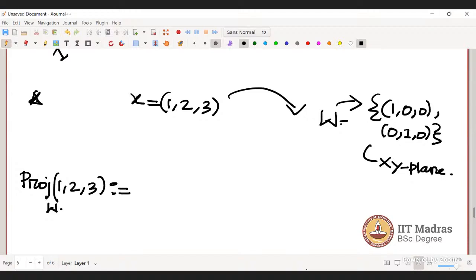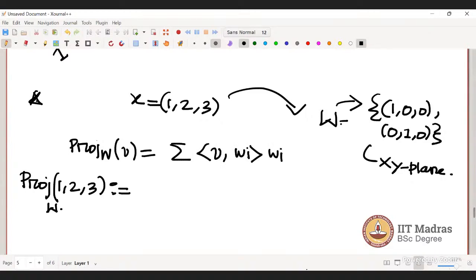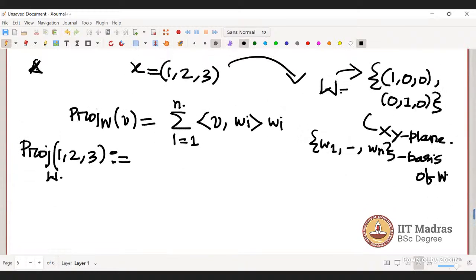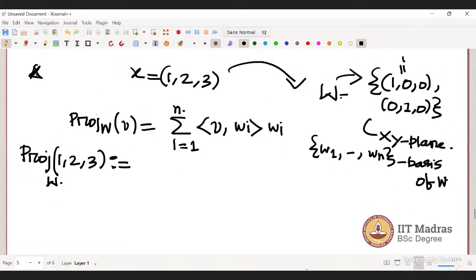Before, I gave you the formula: the projection of V is the summation, i from 1 to n, of the inner product of V with Wi times Wi, where W1 to Wn is an orthonormal basis of W. So we have an orthonormal basis. This is W1, this is W2. So certainly this is an orthonormal basis.